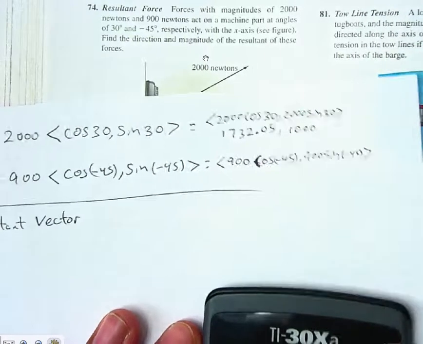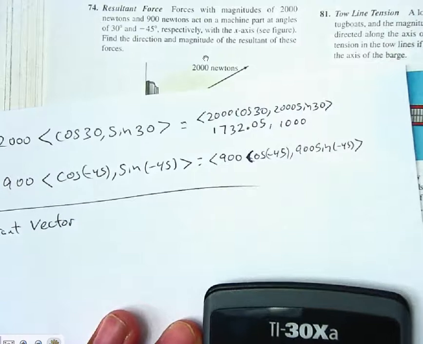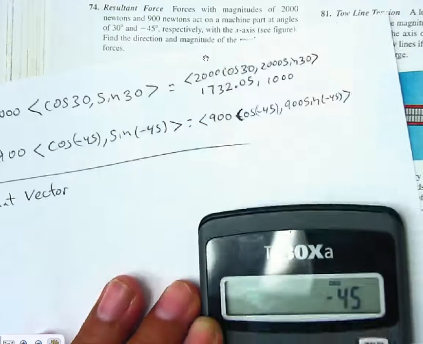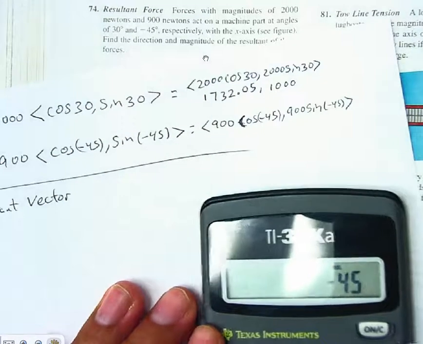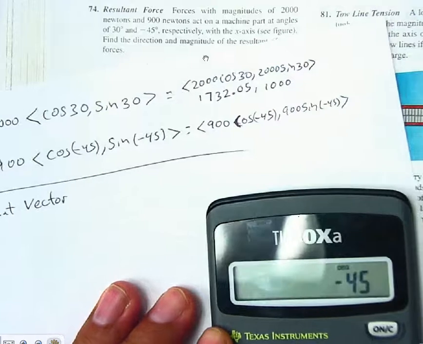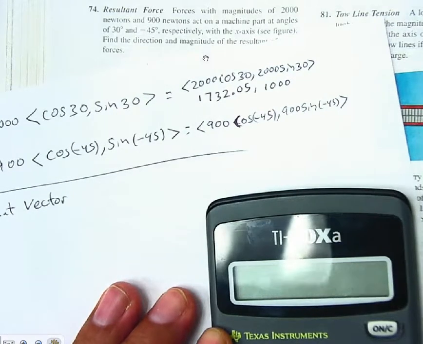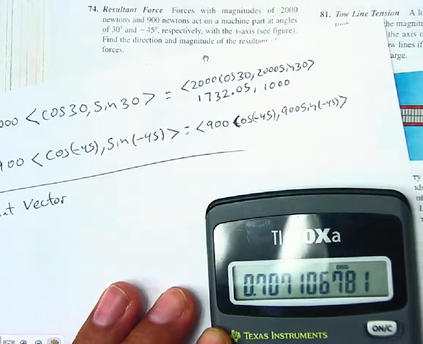Get the calculator. 45, that's a negative, and that'd be cosine of that times 900.